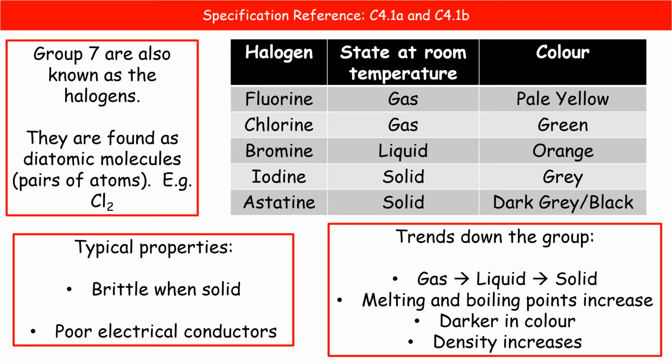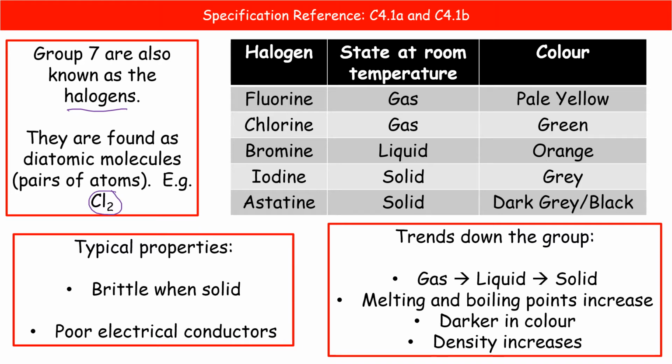What we do need to know about the halogens though, first of all we need to know Group 7 is called the halogens, and one of the most important things here is the fact that the halogens are diatomic. That means they go around as a pair of atoms. So whenever you write a halogen on its own, you must always have that little 2 in the bottom right.